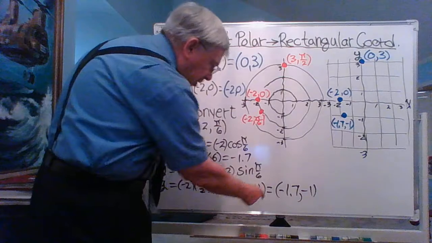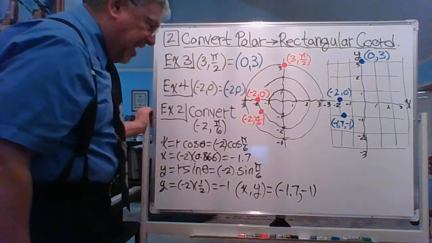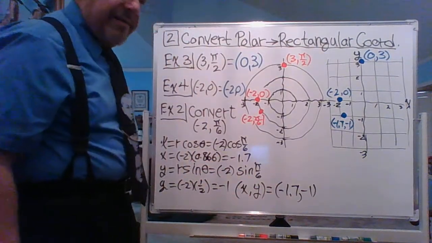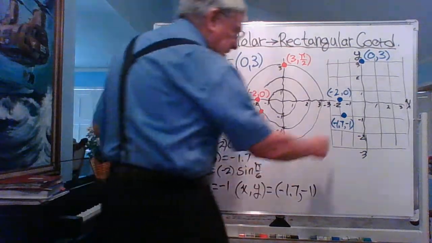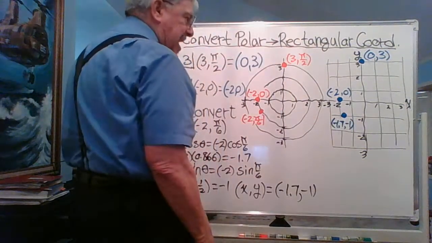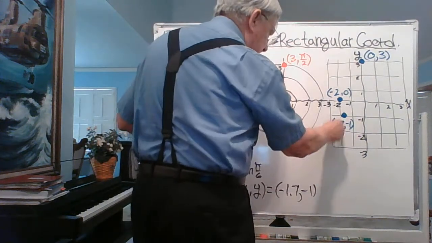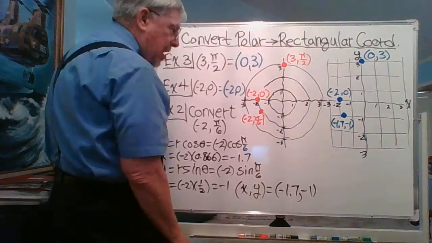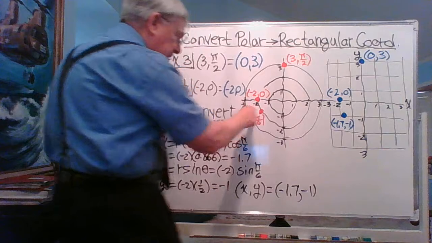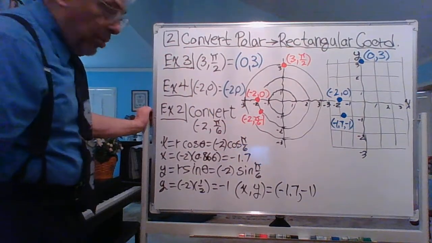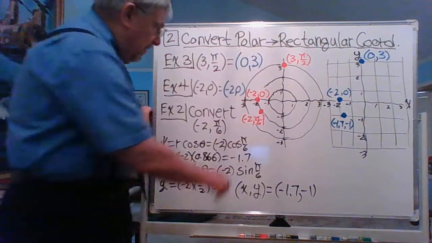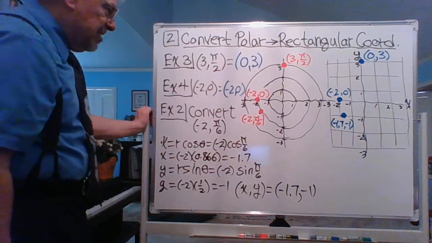So then my xy coordinates are -1.7 for x and -1 for y. So here I have it plotted in the rectangular coordinate system over here, -1.7 and -1. And you can see that pretty much lines up with the same relative position in the polar coordinate system of -2 and pi over 6.